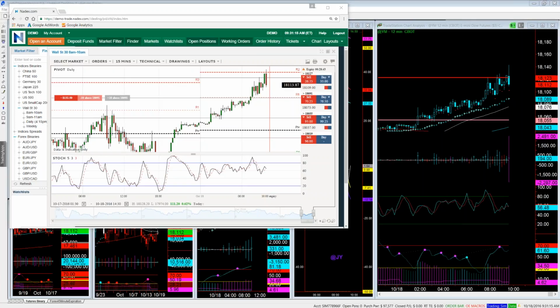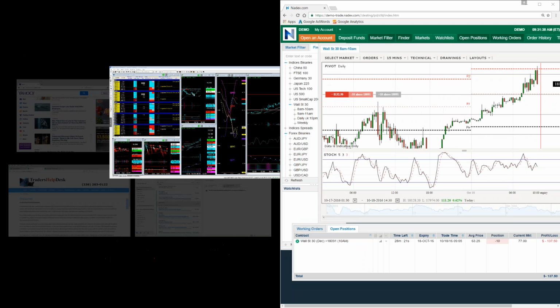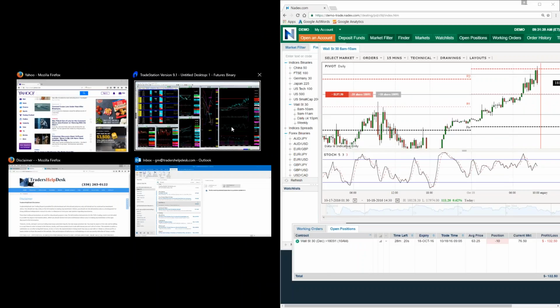Now remember, the one thing that's standing in the way on the Dow is that ATR at 18,089, which is, what, within 2 points of where our strike price is? The only thing that may help is if we get a magenta peak over on the 45-minute.